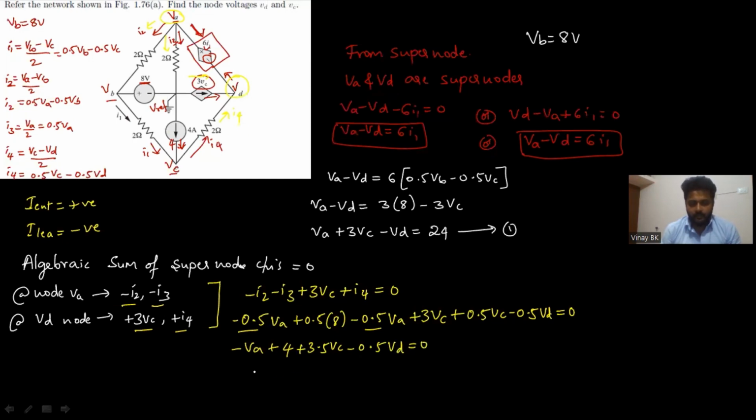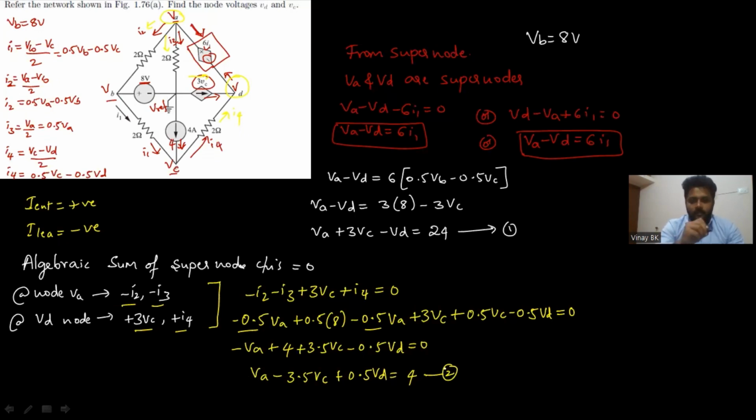So you can rewrite VA minus 3.5 VC plus 0.5 VD equals 4. Minus VA, sending to the right side, plus VA minus 3.5 VC plus 0.5 VD. And this is equation number 2.